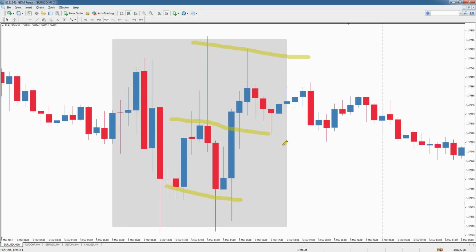This is a very good example as to when a chart pattern like the double top and the double bottom is applicable. Basically, we're talking about reversal patterns and continuation patterns. So reversal of a trend, of a movement, higher or lower, or continuation of a movement, higher or lower.